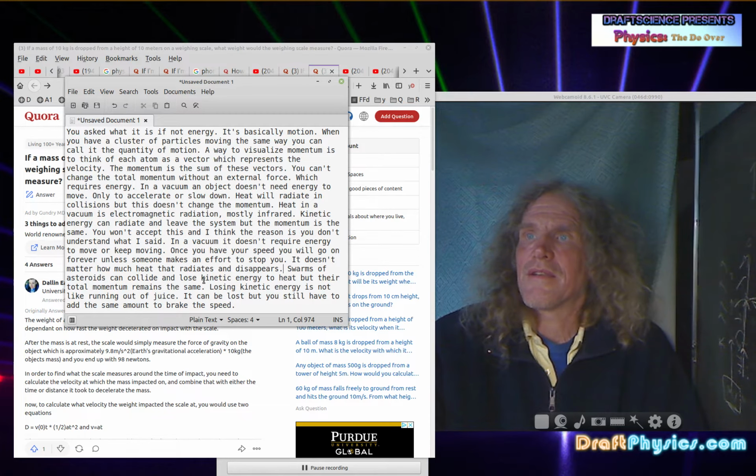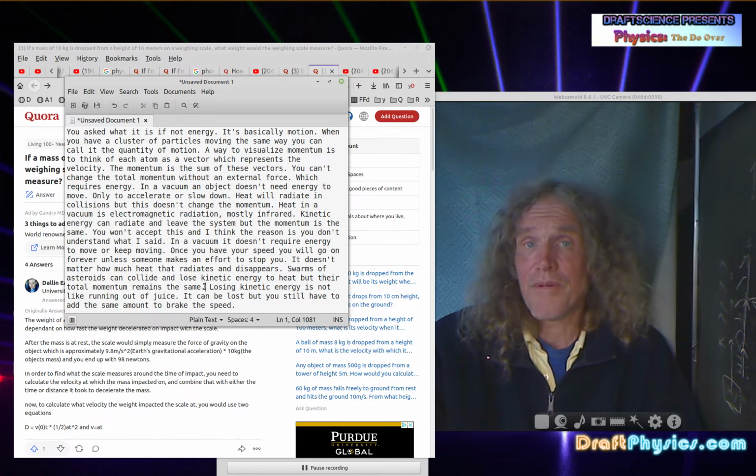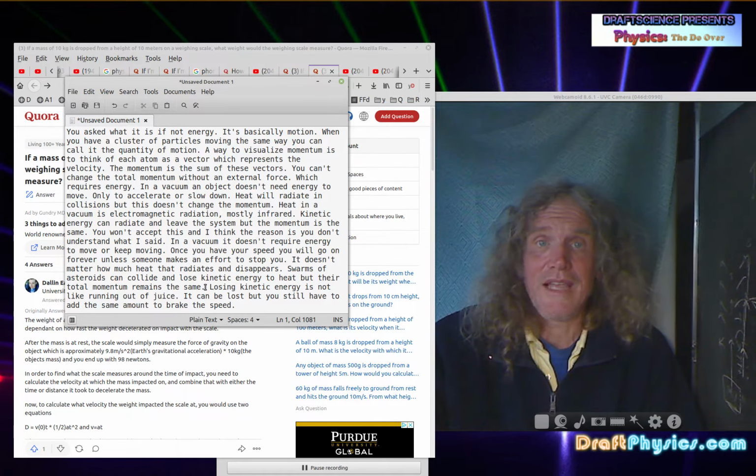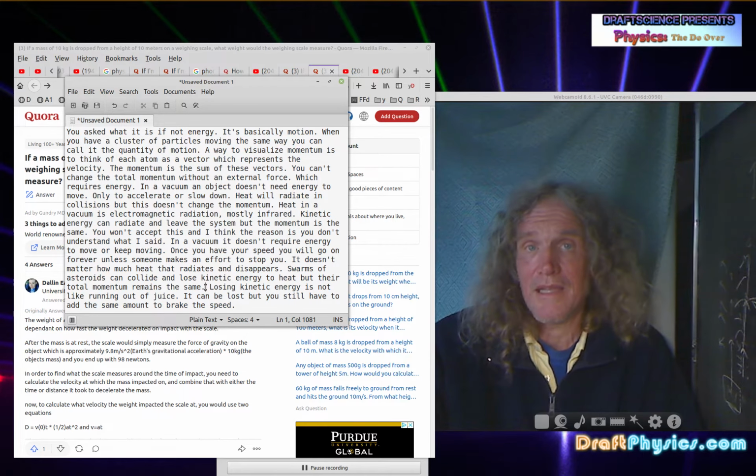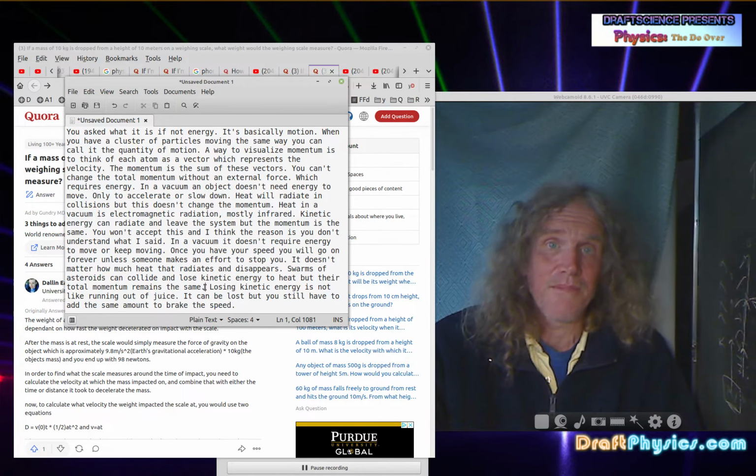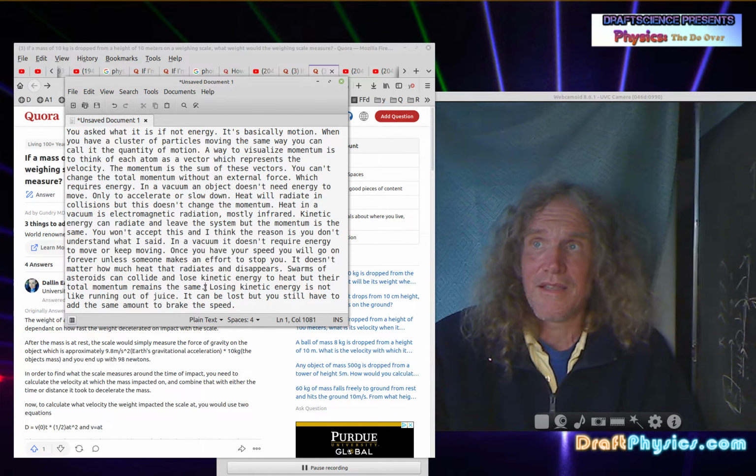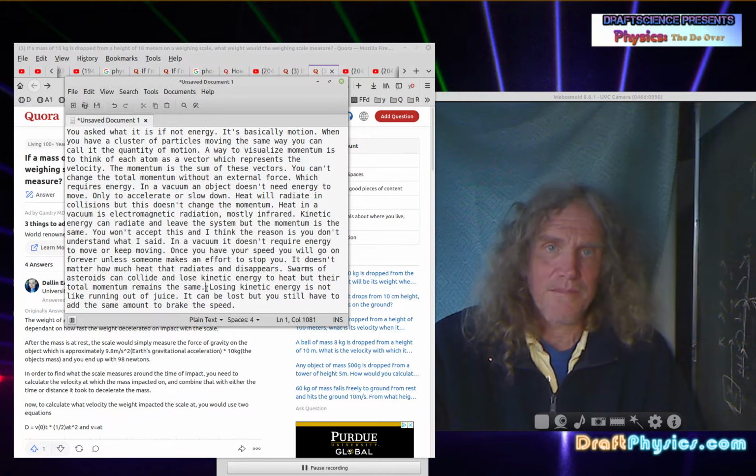Asteroids collide and lose kinetic energy to heat, but their total momentum remains the same. No, it doesn't. Their total momentum, that is, their threat to the universe in a direction, has to be diminished if they're making heat. So if they're creating heat, that's momentum that's been lost. You can't have it both ways. You can't still be a threat as a bullet if I've made the bullet hot.